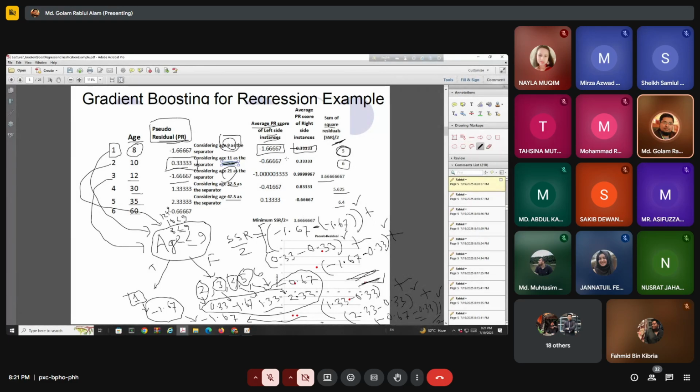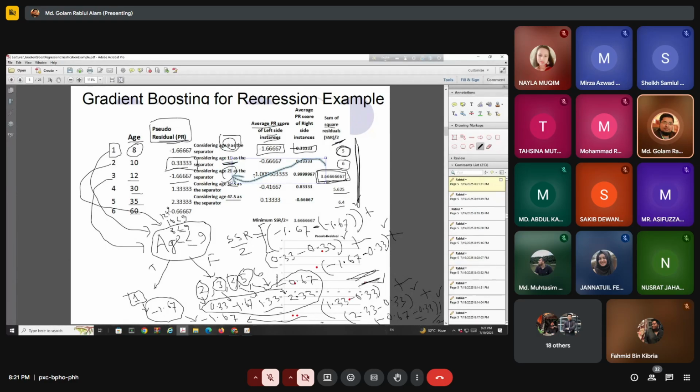So now we can see which one is the minimum error. The minimum value is 3.67, and we got 3.67 for the splitter S less than or equal to 21.